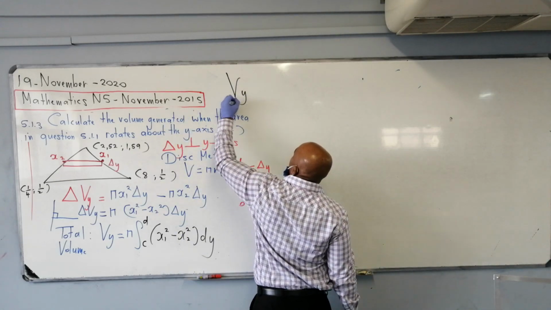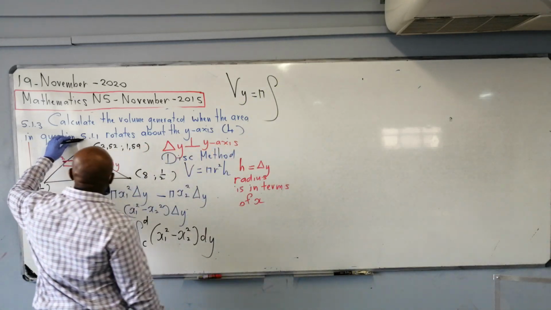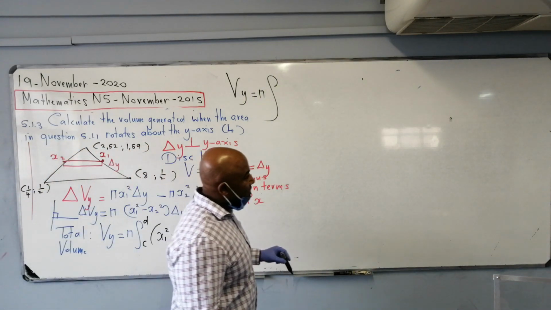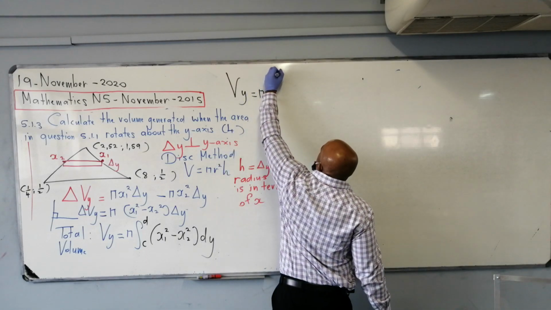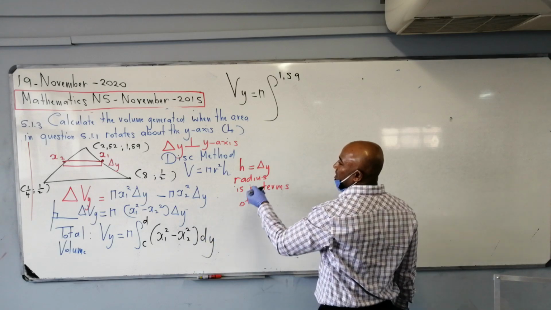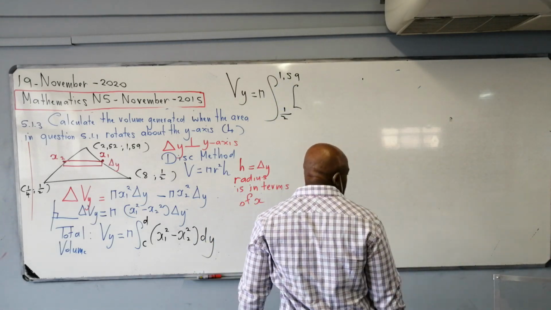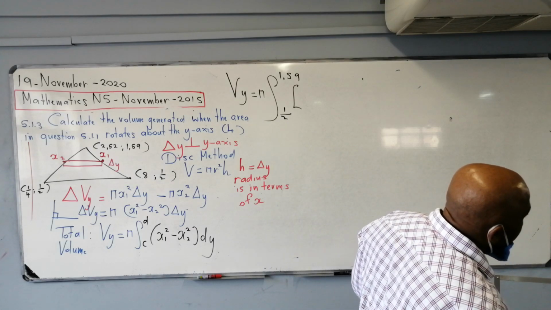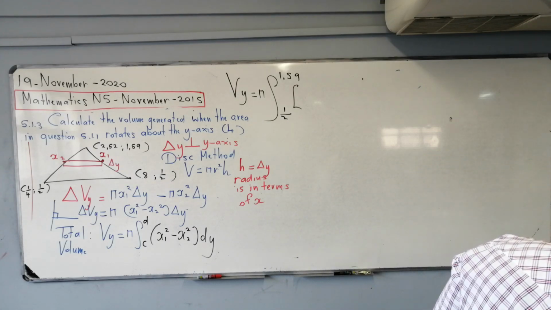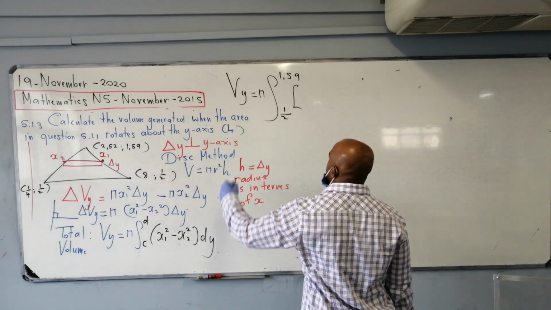So my Vy is equal to pi integral. What's my D and C? Same D and C there. The y value there is 1.59, and the y value in the bottom is a half. What is x1? My x1 is 4 over y, correct?